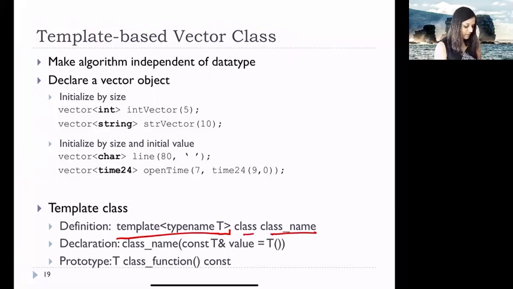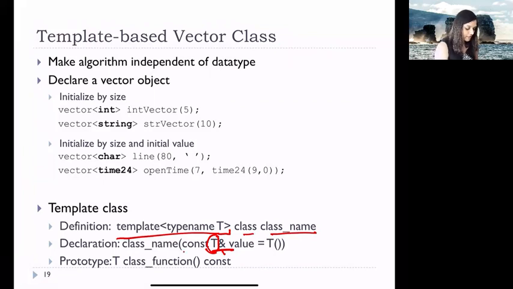You need to use strict keywords like using T in place of wherever you want to use int, float, those types of data type.